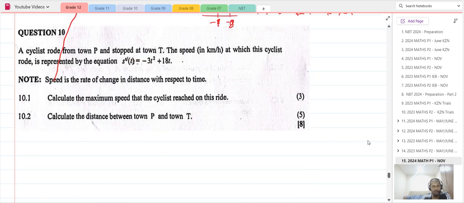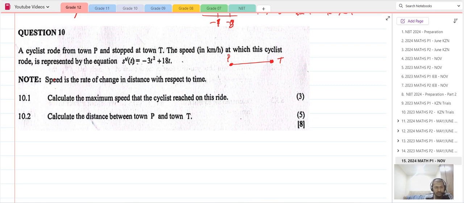Now the next question, as we see here, question number 10. A cyclist rode from town P and stopped at town T. The speed in kilometers per hour at which the cyclist rode is represented by the equation S prime t.